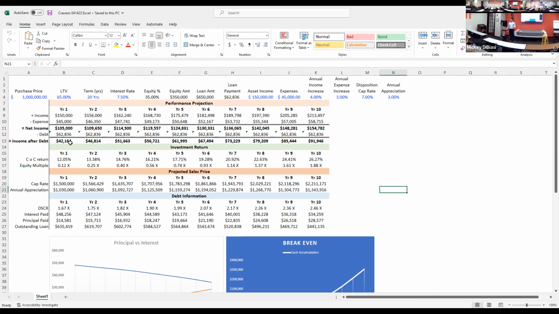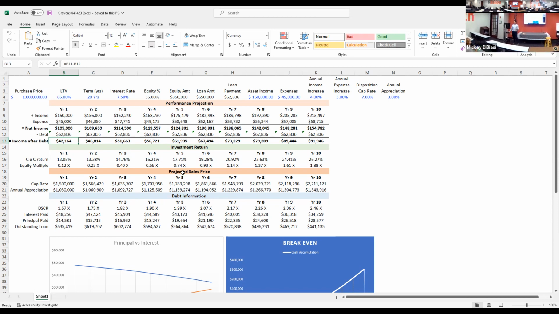But right now, in year one, you have $42,000, right? You put in 350, so this cash on cash return, year one, 12%, year two, 13. Pretty good returns, right? Again, before taxes.